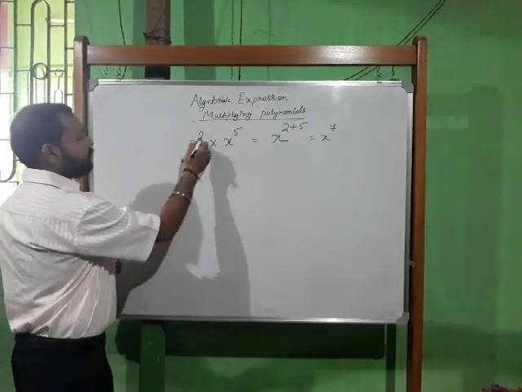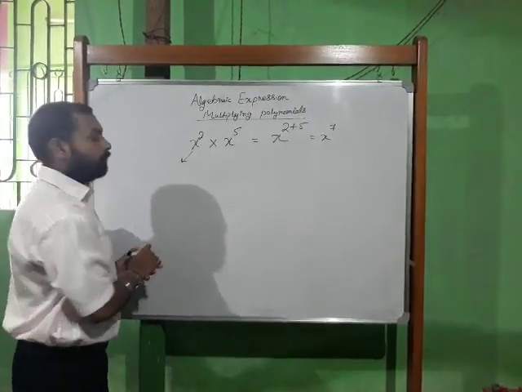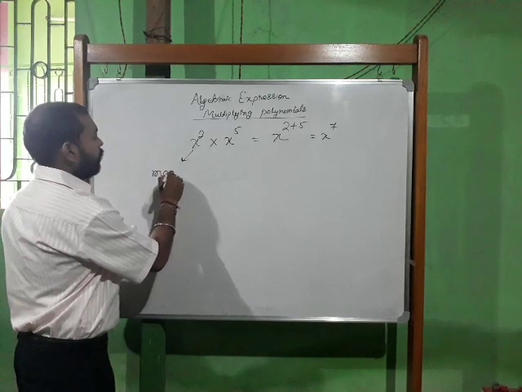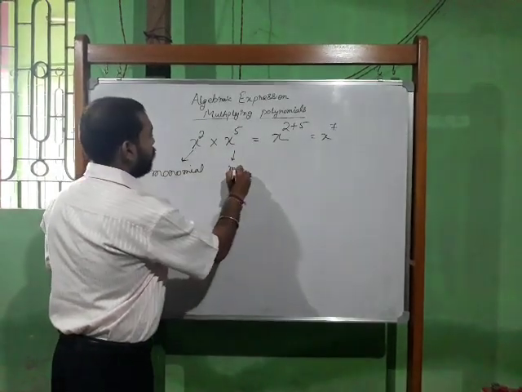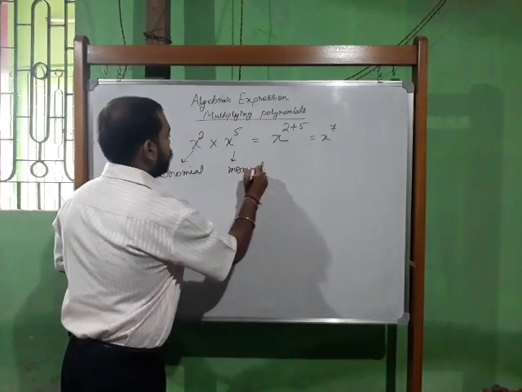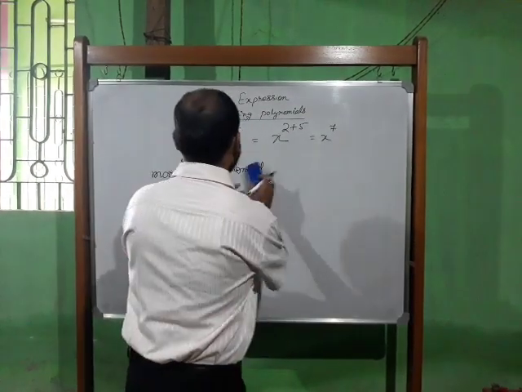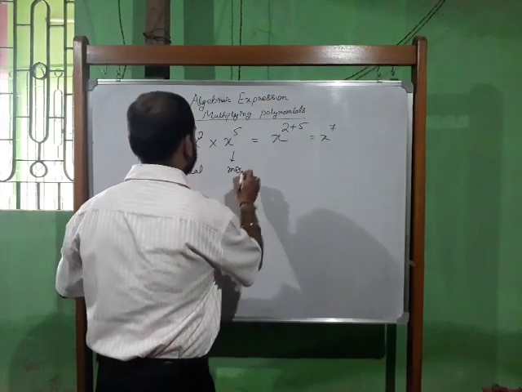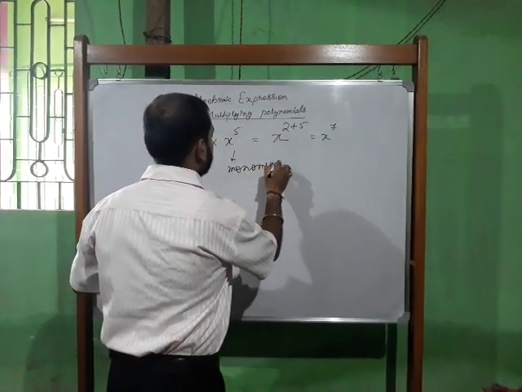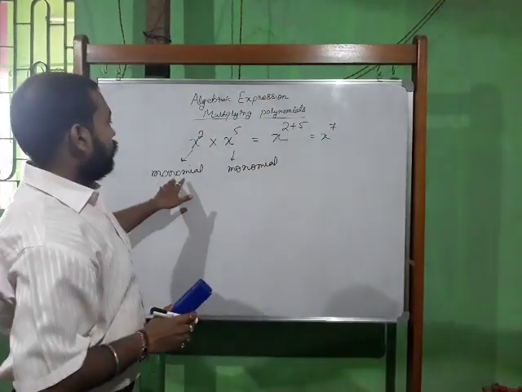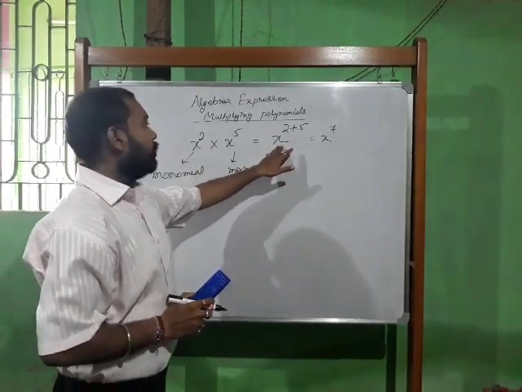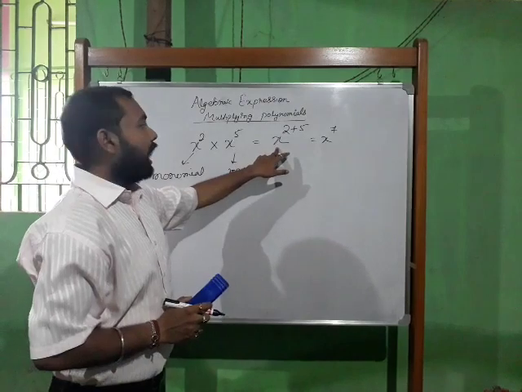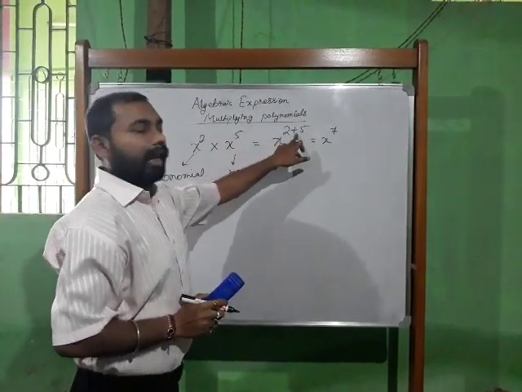As you can see, x square is a single term, so this is a monomial, and this is also a monomial. You have seen how I have multiplied these two monomials. The bases will be the same and the powers will be added.